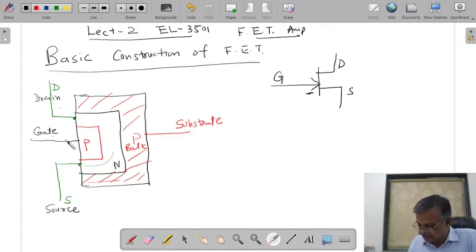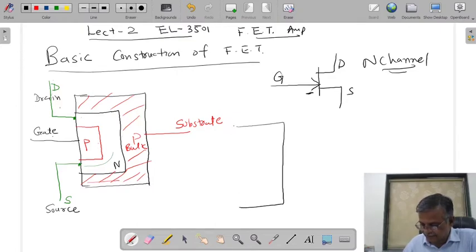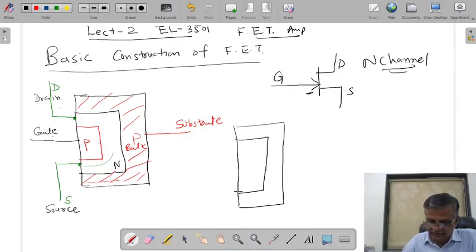Okay. Just for more clarity, this is your N-channel FET. Now for the P-channel, your structure is like this. This is your N-type bulk, or it is called substrate.